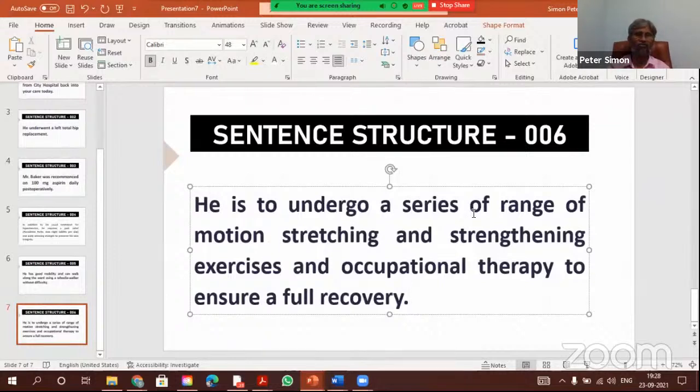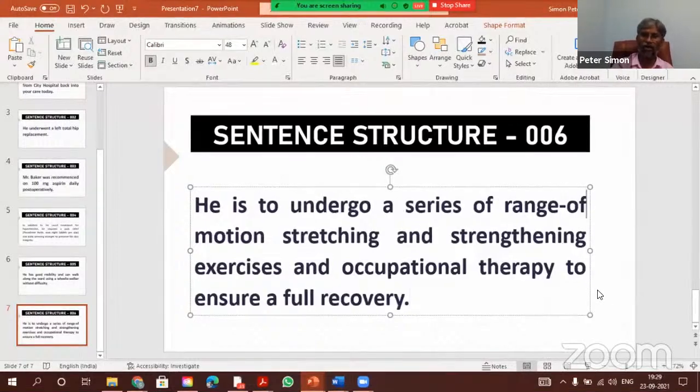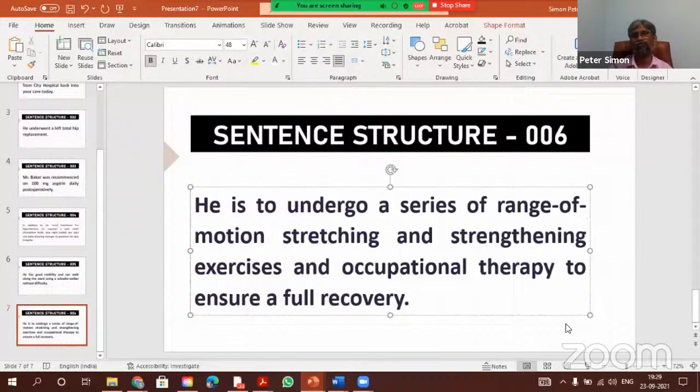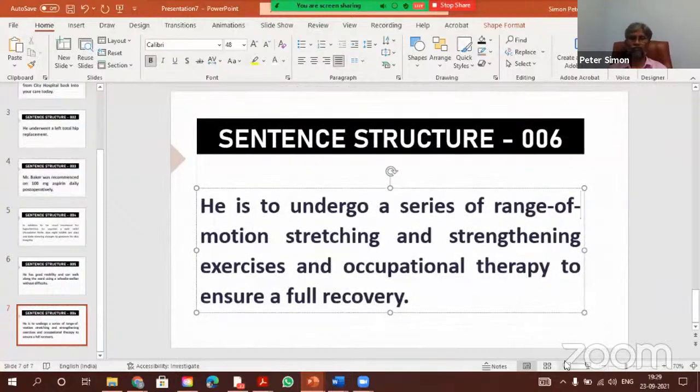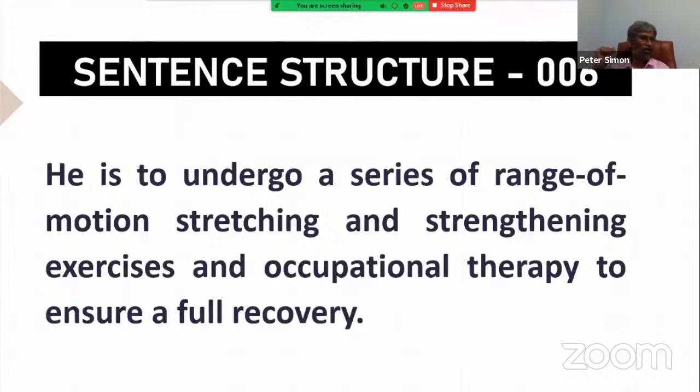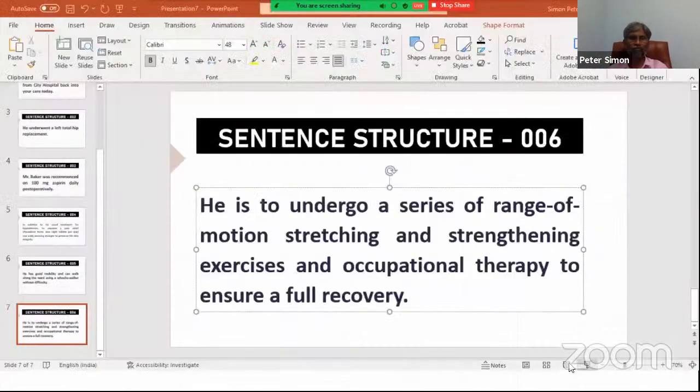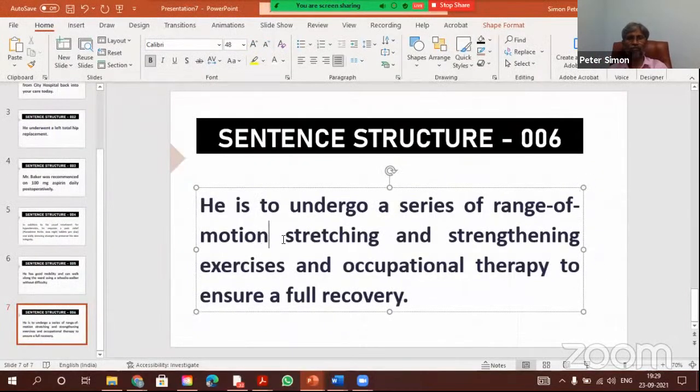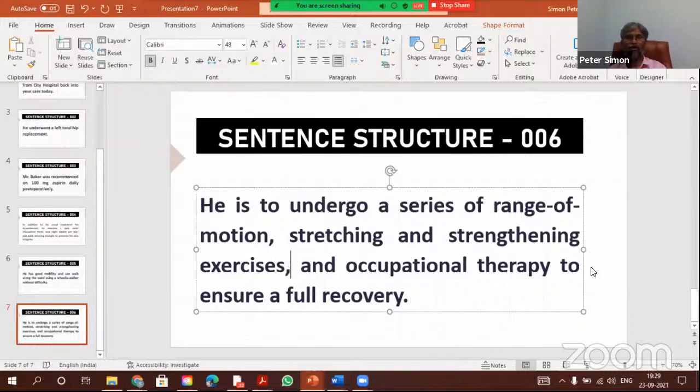Range of motion should be hyphenated. Whenever you are writing range of motion, you have to write it like this only. He is to undergo a series of range-of-motion, comma, stretching and strengthening exercises, comma, and occupational therapy to ensure a full recovery.